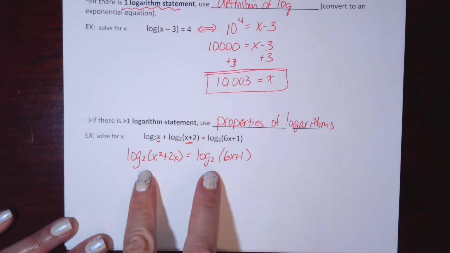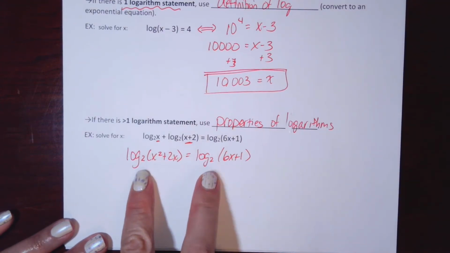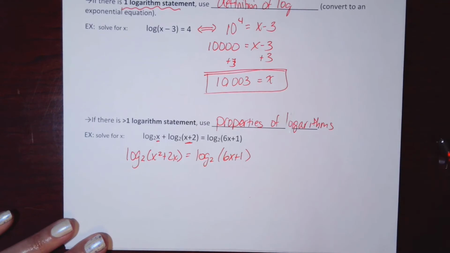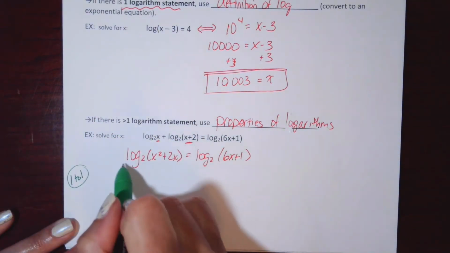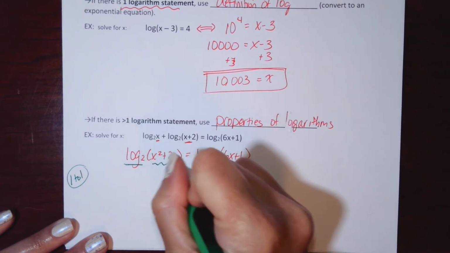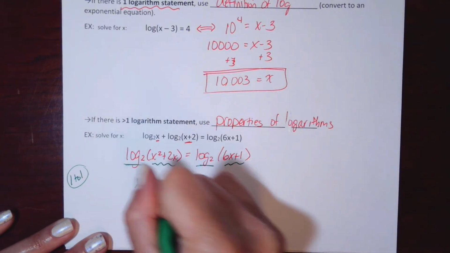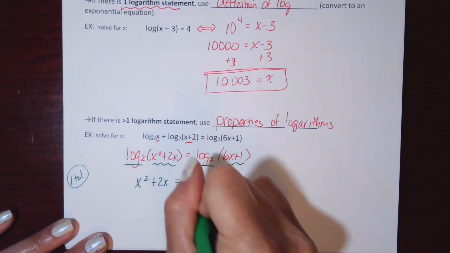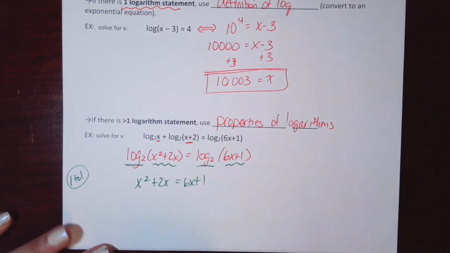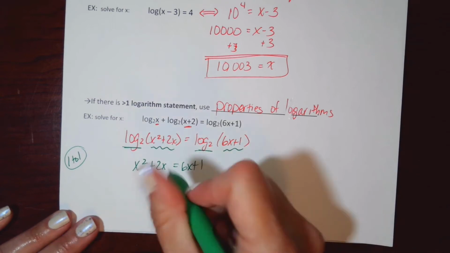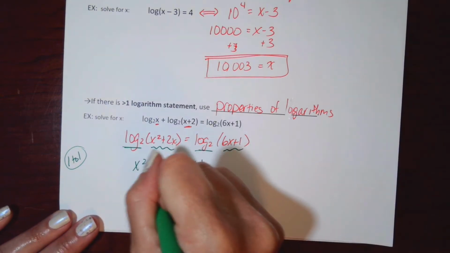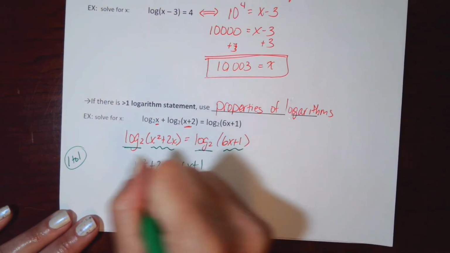Now I have a single logarithm on each side. They have the same base, so I can apply my one-to-one property. If the bases are the same, then I say that the arguments are equal. x squared plus 2x is equal to 6x plus 1. Anytime I see that quadratic, I want to set it equal to 0, keeping the squared term positive. So I'm going to move both of these values to the left.